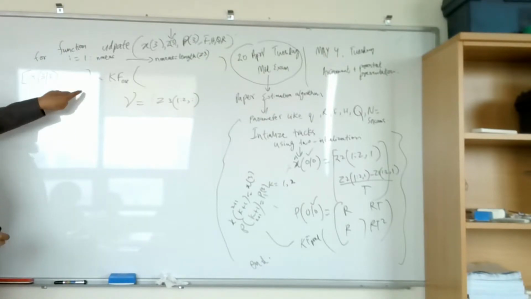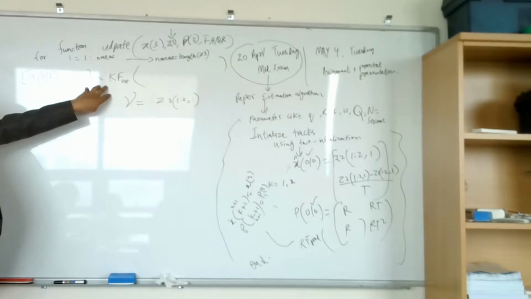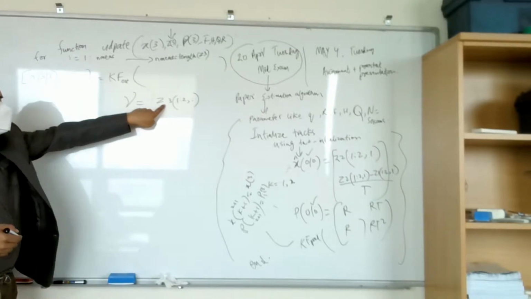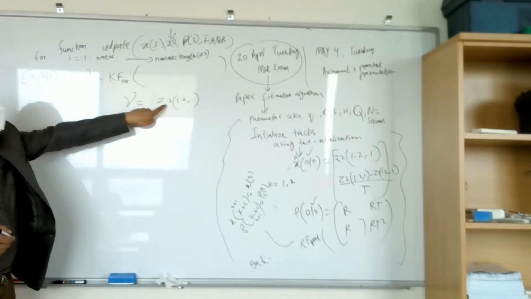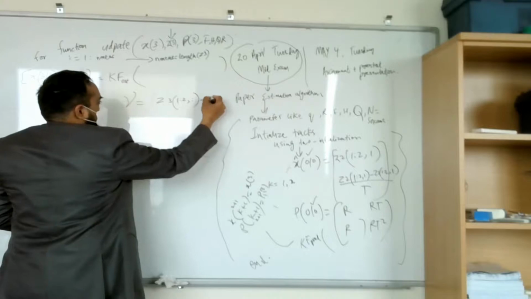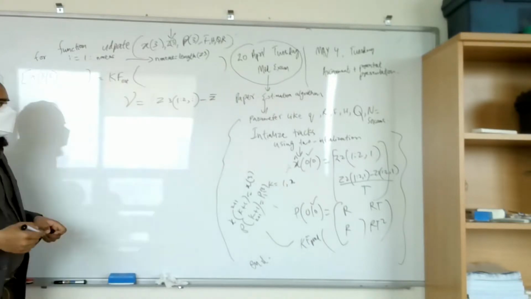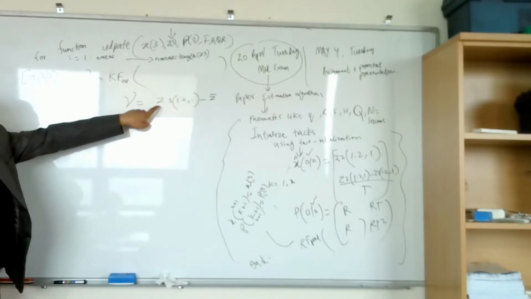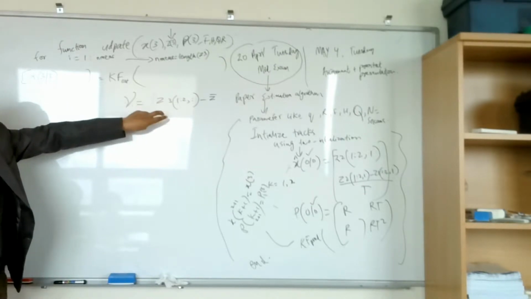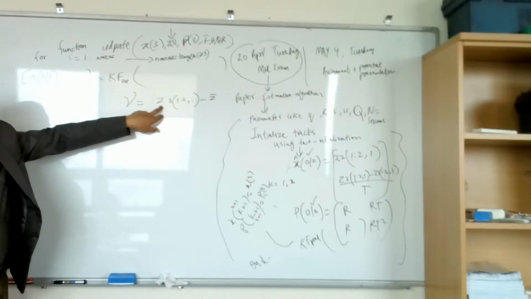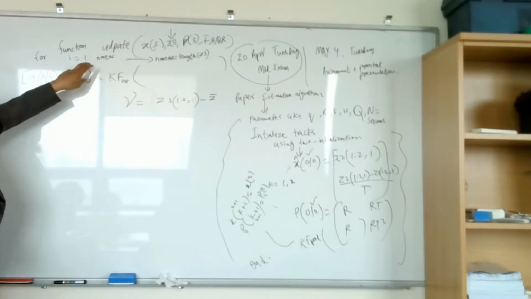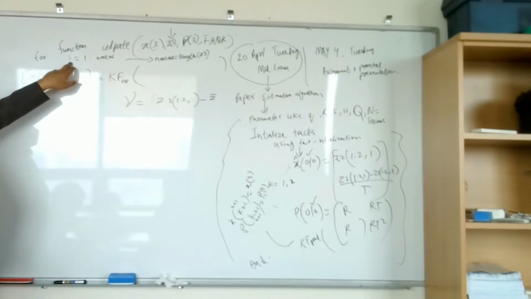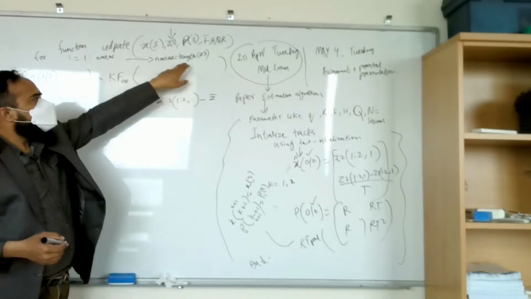In the for loop you have to run this Kalman filter, because in the residue you have to subtract the measurement prediction. This is the measurement prediction from here, but we don't know the length of z3. So we have to run the for loop for the number of measurements in z3.